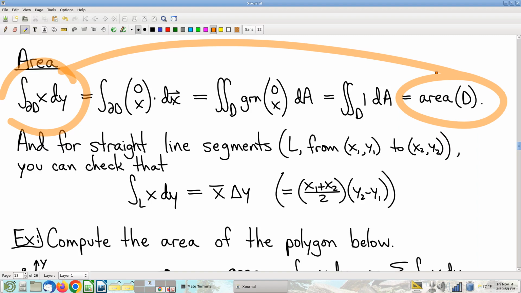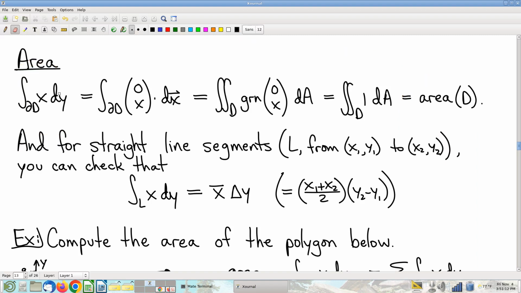Okay. You may be thinking to yourself, you know what? All else being equal, I think I'd rather just compute an area. So I don't want to compute the line integral, so I'm not going to use this result. Hold your judgment just a second here. To be fair, there is work to be done to compute a line integral.